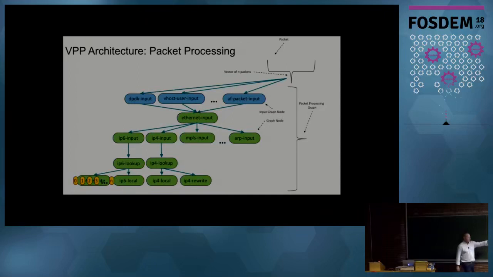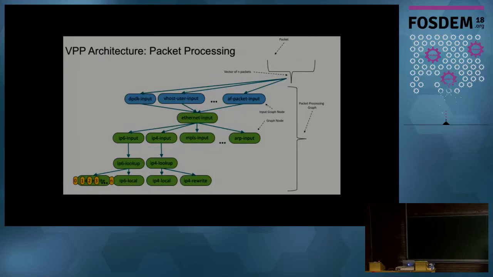If processing this graph is slow, it means that when we come back to the AF packet input or to the DPDK input, we'll probably have a lot of packets waiting to be processed. So in VPP we tend to measure the vector size. If we have small vectors, that means VPP is doing nothing, because it's processing very small vectors.